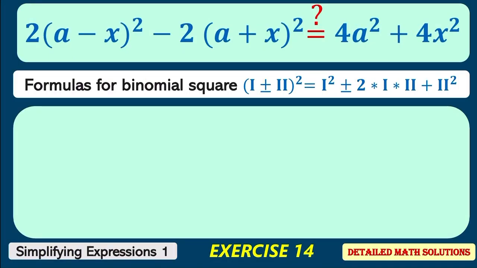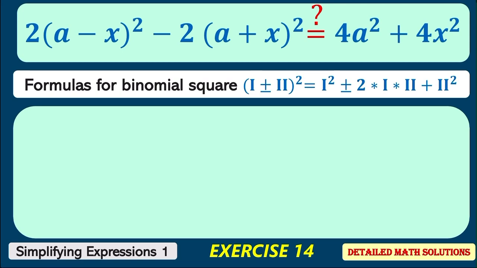Next, I'm going to follow these steps and simplify the first expression. To do that, I'm going to use the formulas for binomial square. First term plus minus second term in parentheses squared equals first term squared plus minus 2 times first term multiplied by second term plus second term squared.